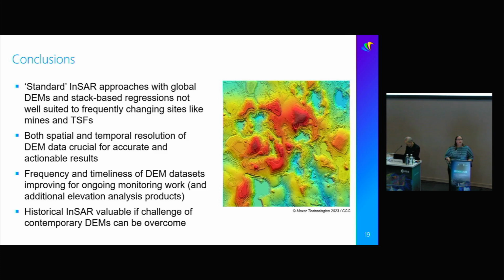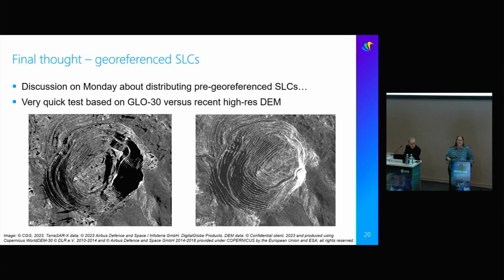On that note, we had a discussion, I think, in the Monday session about the co-registered SLC products. And just out of interest, I took one of the examples from my presentation here, and last night very quickly ran a quick test through the processing, and tried geocoding the SAR image with and without the high-res up-to-date DEM, and you can see there's a really large shift in the position of that mine.